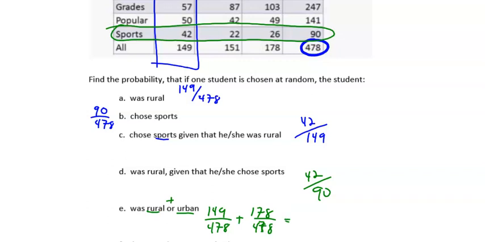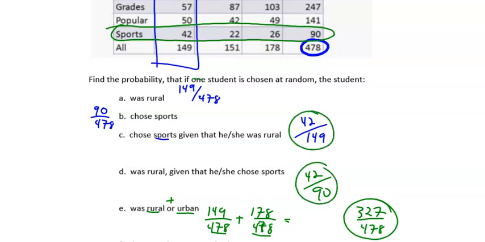So if I add those two guys together, 149 and 178, I'll use my calculator to make sure I get it right. 149 plus 178 is 327. So that's 327 out of 478. Remember, when you add fractions, common denominator, and then just add the numerators. So here I'll circle all my answers. Those are my answers so far.